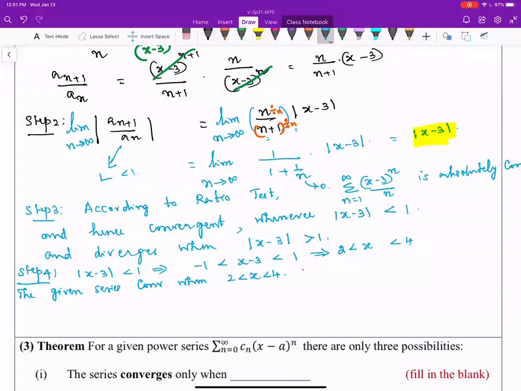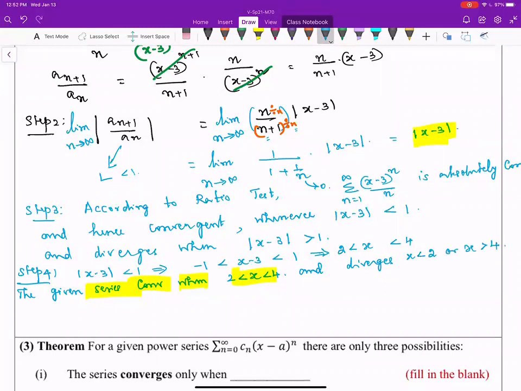And it diverges outside of this interval. It diverges when x is smaller than 2, or x is more than 4.